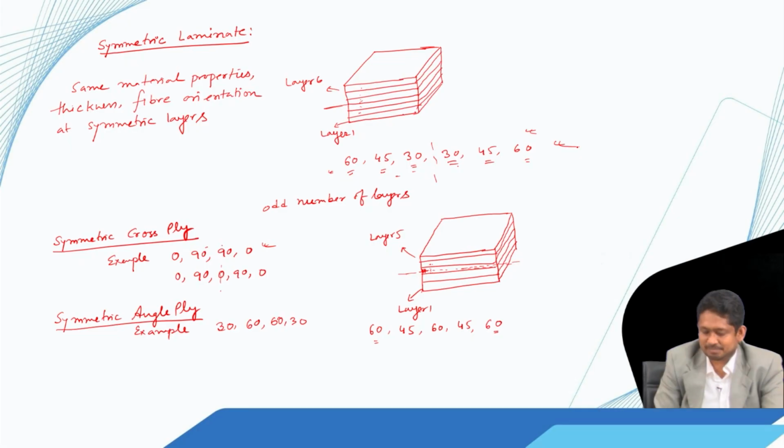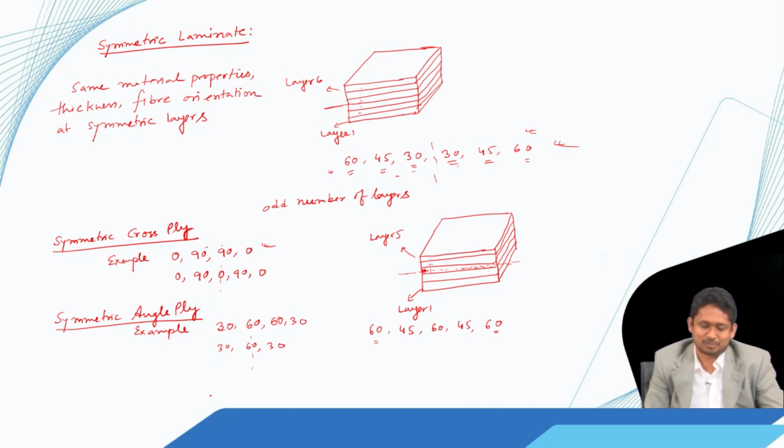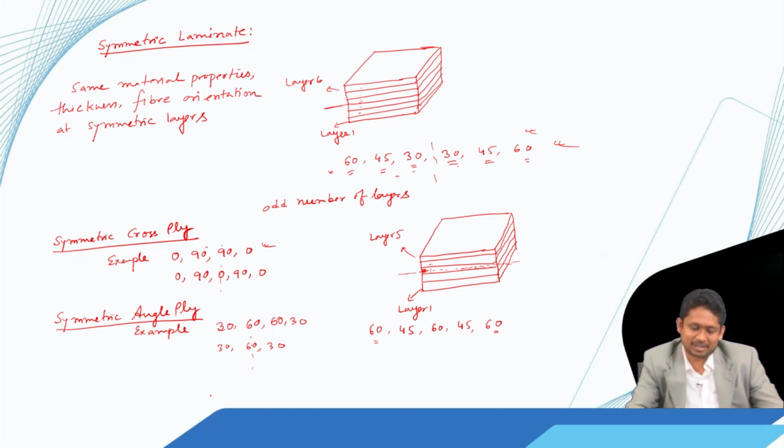Whatever we have seen here, 60, 30, 60, 30, this is also symmetric angle ply because with respect to the mid layer 60, this is symmetric, and we can go for a mix also, but if we can choose both the cross and angle plies, and then if we stack them symmetrically we can get a symmetric laminate also with mix sequencing.